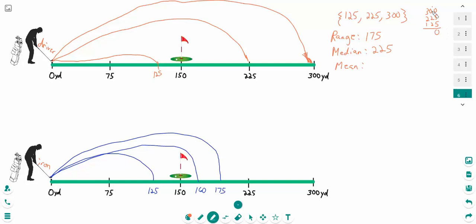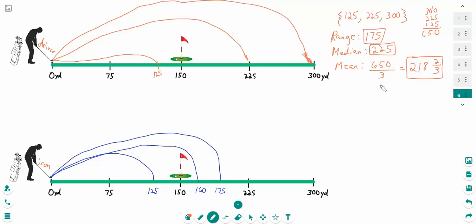And if we add those up, we end up with 650. So it's going to be 650 divided by, how many shots did we take? 3. So 650 divided by 3 is going to be what? 218 and 2/3, I believe, yards.